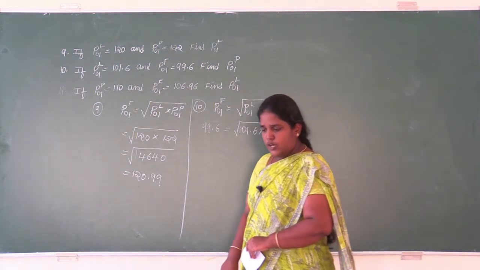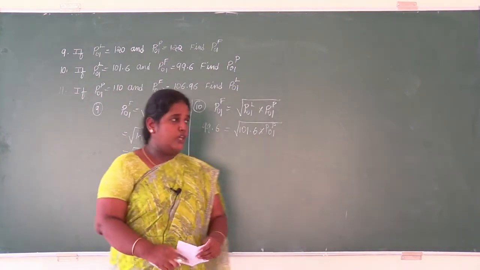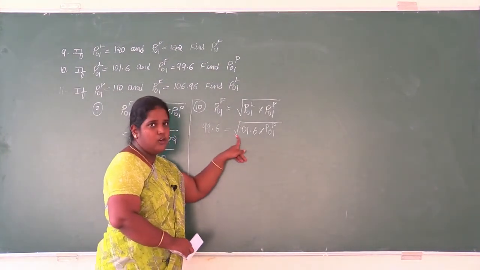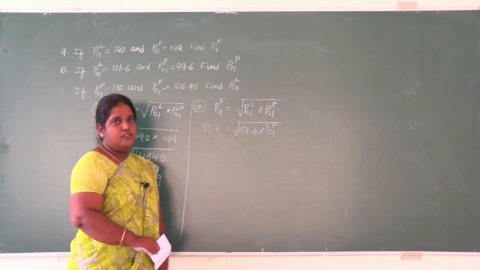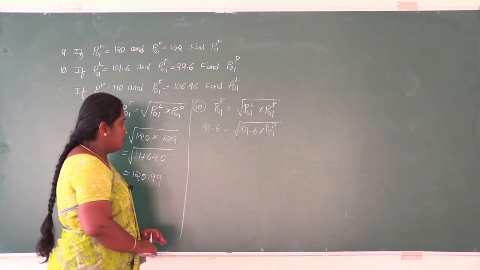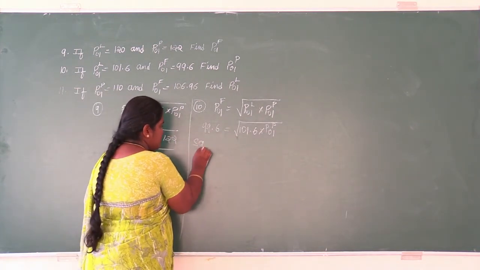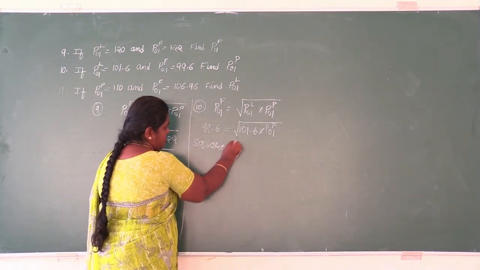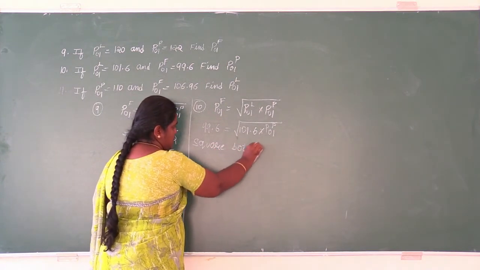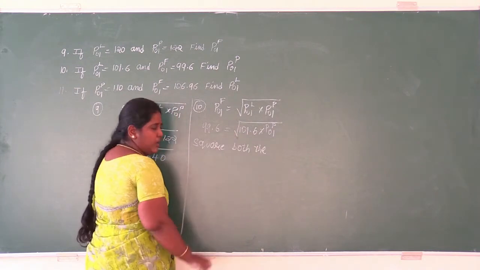And in this one, to simplify, we have to remove the square root, only then we can simplify. So to remove the square root, what do we have to do? Square both the sides. Square both the sides to remove the square root sign.